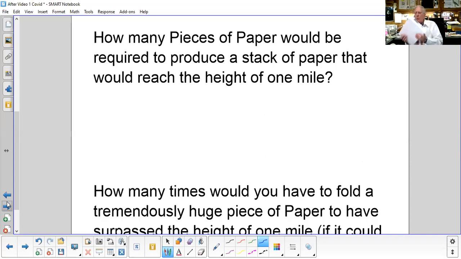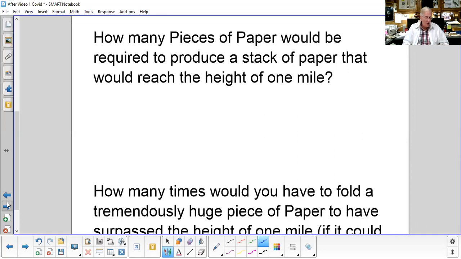So when you buy this paper, how thick is a ream of paper? So what I did is I came home and I decided to measure the thickness of a ream of paper. And when I did, I found out it's almost exactly 2 inches thick.